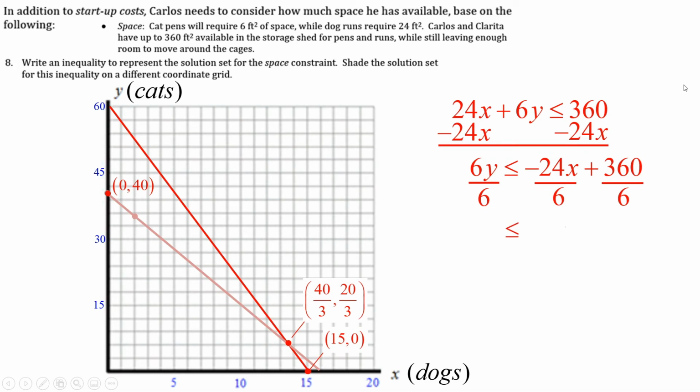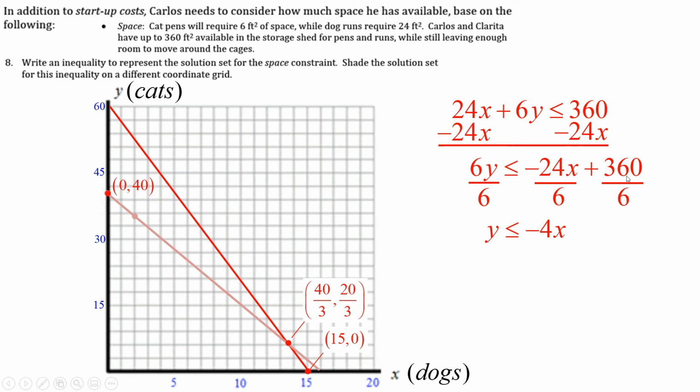On the left, the factors of 6 would cancel, leaving y. Y is less than or equal to, and a negative over a positive is negative. Now, can we reduce 24 over 6? How many times does 6 go into 24? 4 times. 4 times what? That x right there. So y is less than or equal to negative 4x.